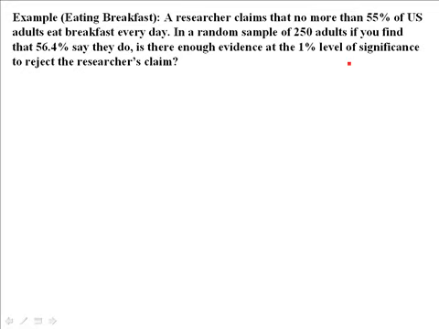Now, for a hypothesis test, you have to establish what the null hypothesis is that you want to test, and also what the alternative hypothesis is. For the null hypothesis, you're looking to see a claim about the population proportion. The null hypothesis is always in the form where the population proportion has a certain size.